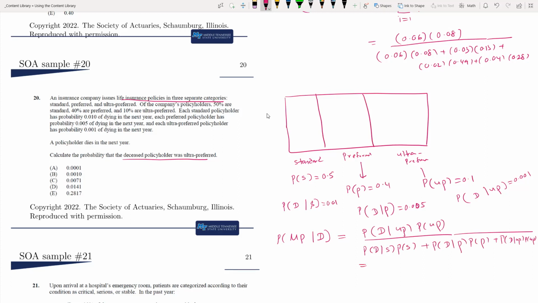The probability of death given ultra preferred is 0.001, and the probability of ultra preferred is 0.1. And then the denominator is 0.01 times 0.5, plus 0.05 times 0.4, plus 0.001 times 0.1.